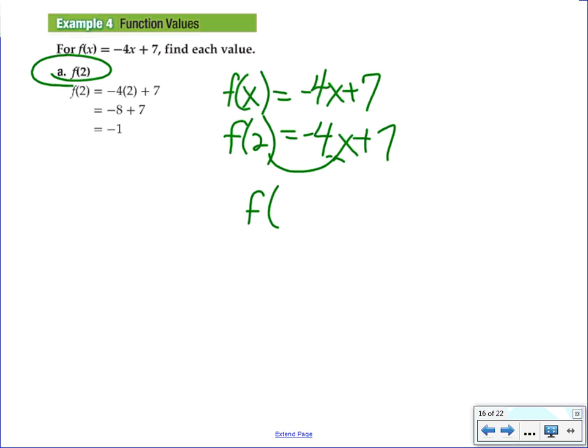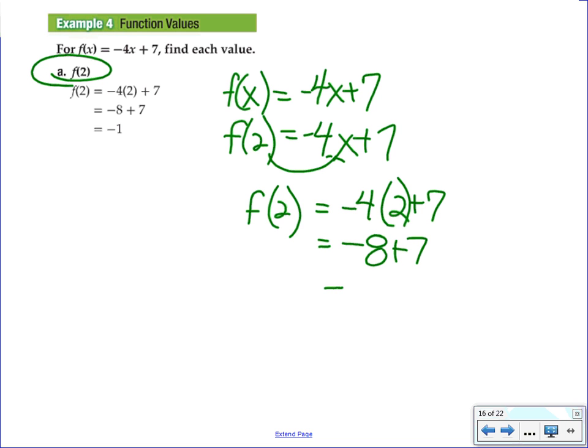So f of 2 would be negative 4 times 2 plus 7. So that would be negative 8 plus 7. f of 2 is actually equal to negative 1. So what we've done is, it says f of 2, we're substituting 2 in the equation for every place that there's an x.